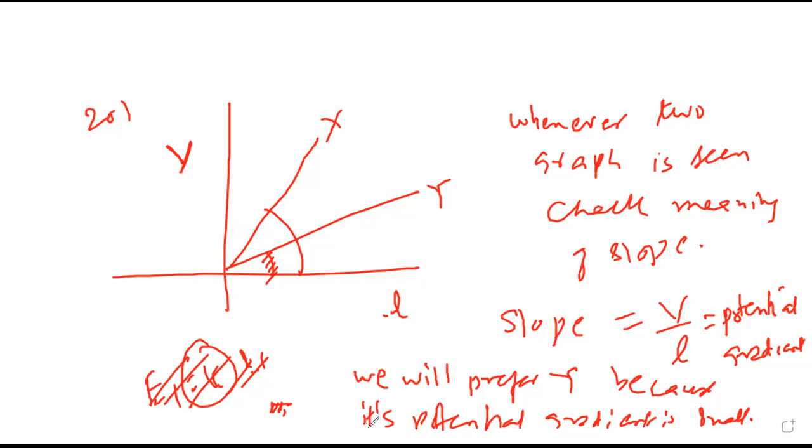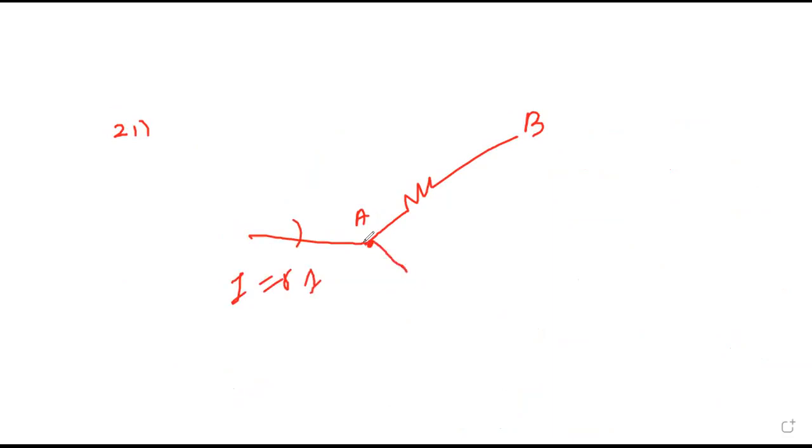Yeah, sure. Now sum number 21. A part of an electrical circuit is shown in the figure. Current 5 ampere is entering at A, getting divided into 3 ampere and 2 ampere.